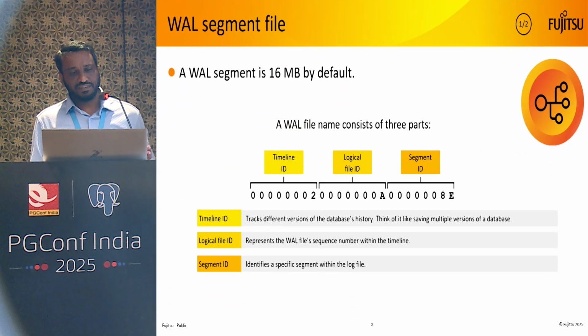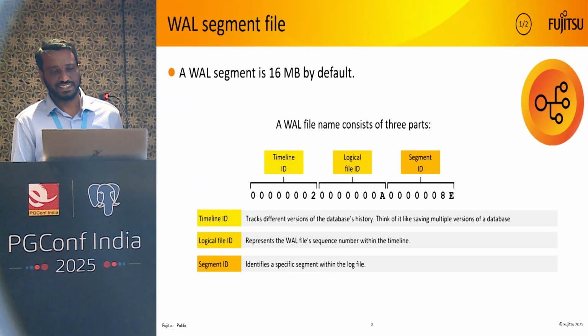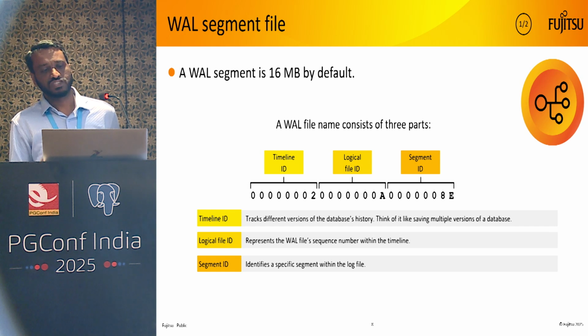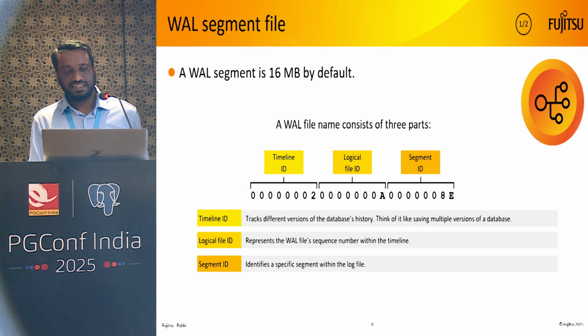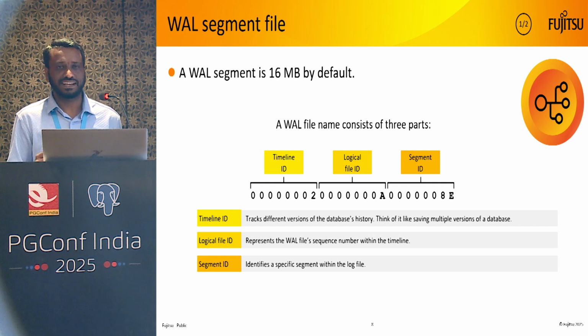The WAL segment file is 16 MB by default. Each WAL segment file name is 24 digits long. We have the timeline: the first 8 digits indicate the timeline of the system. You can consider it like the history of a database.